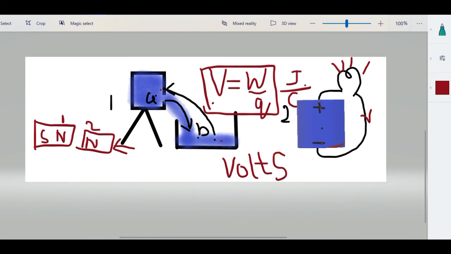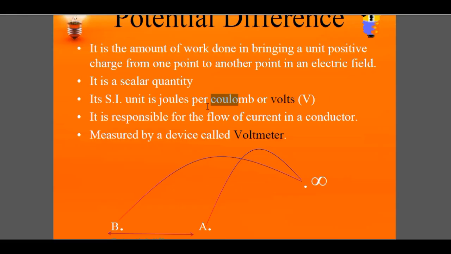Commonly the unit is volts, as you can see written there. The device used for measuring volts, or potential difference, is known as a voltmeter. These are some of the points regarding potential difference.